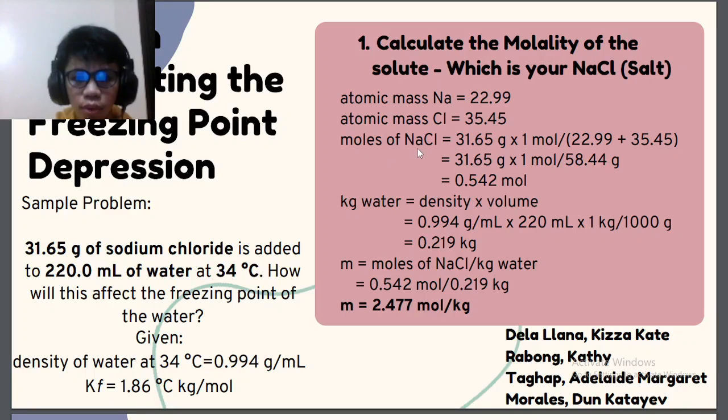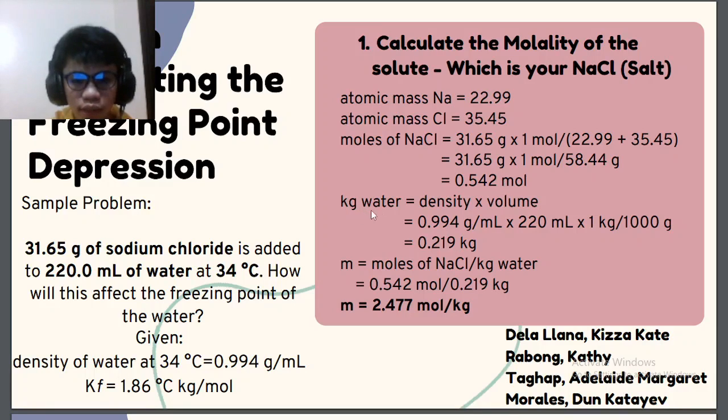To get the moles of sodium chloride in this situation, we simply need to input 31.65 grams times 1 mole divided by 22.99 plus 35.45. These values are your atomic masses. And after a few quick calculations, you should end up with this answer, 0.542 moles.